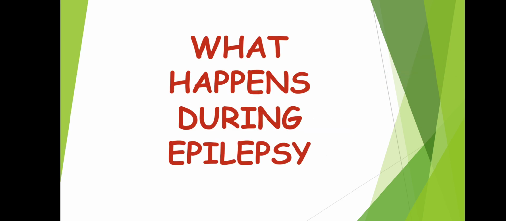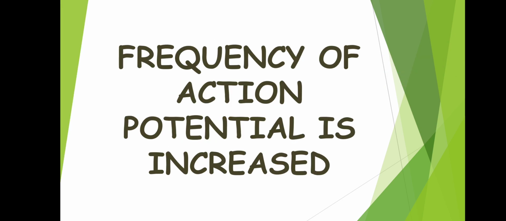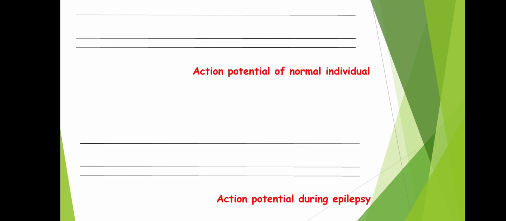Okay, now what happens during epilepsy? During epilepsy, the frequency of action potential is increased. Now suppose this is the action potential of a normal individual and this is the action potential during epilepsy. During normal action potential, there is some low frequency for action potentials to take place.